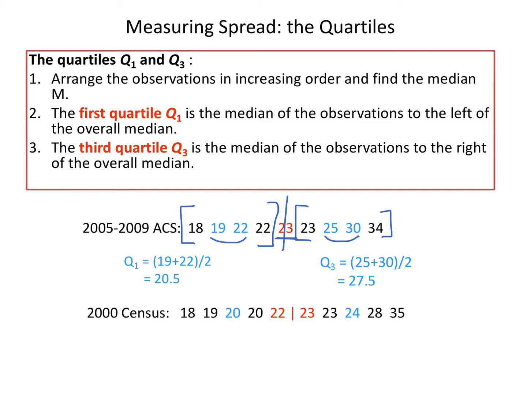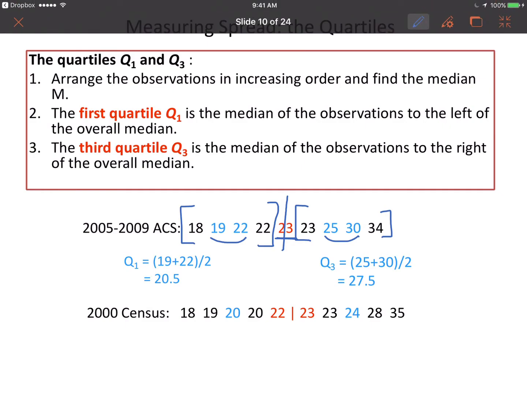For the 2000 census data, there were 10 observations. So remember, when we found the median, there were 2 numbers in the middle, and the median was the average of those 2 numbers, 22.5. So what we're going to do is cut the data through the median, which now is in the middle of those 2 numbers. So to find the first quartile, I'm going to look at 18, 19, 20, 20, and 22.